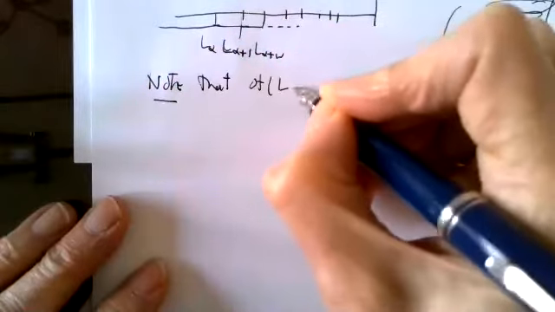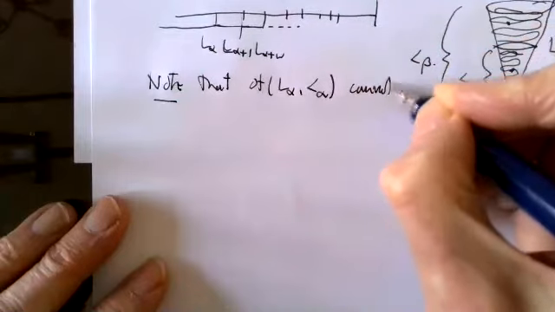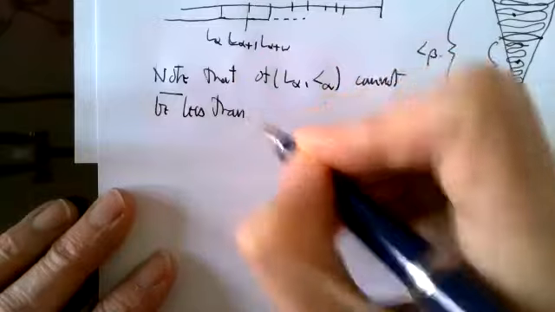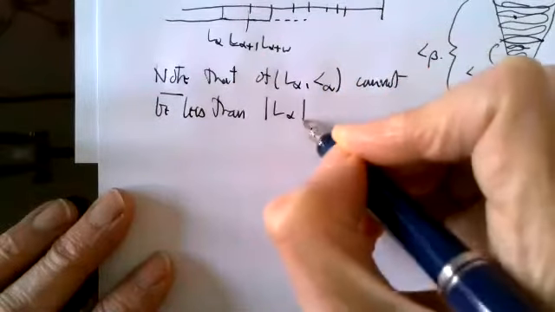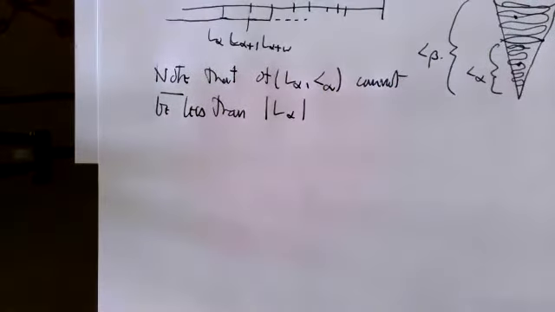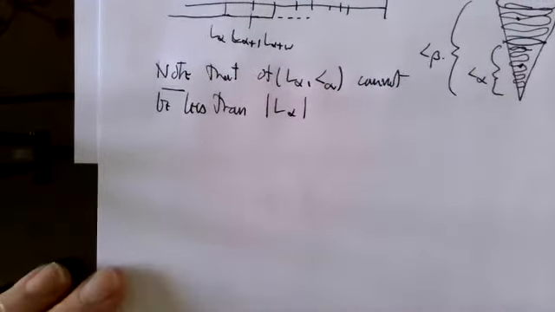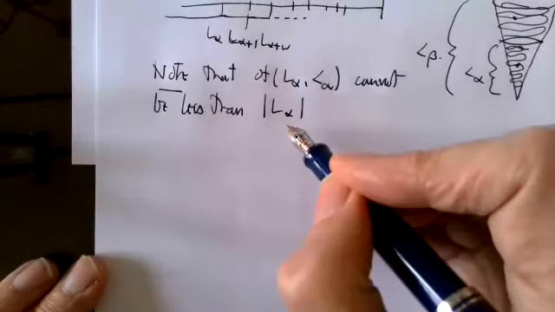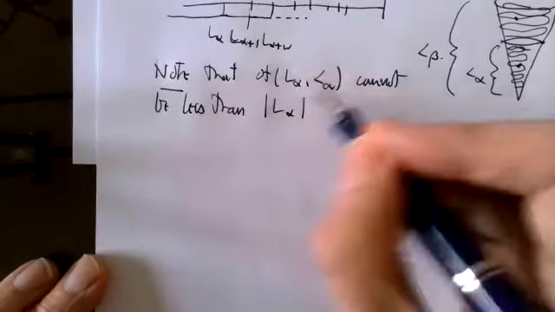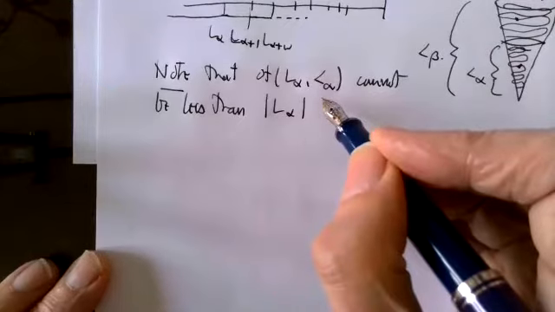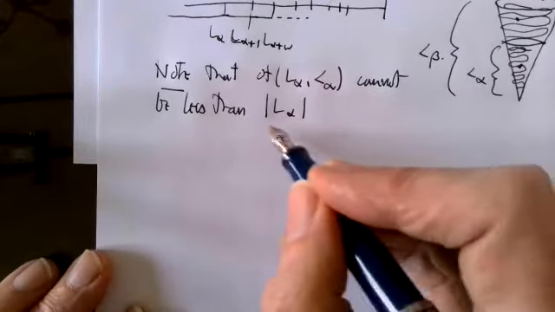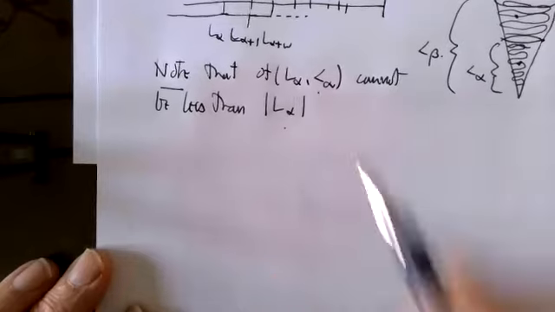The order type of L alpha with this ordering cannot be less than the cardinality of alpha, because the ordering here will be a bijection between L alpha and whatever this order type is. But then that would be a bijection between this cardinal and something smaller than it.